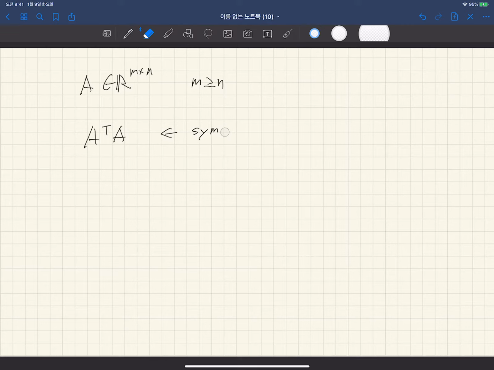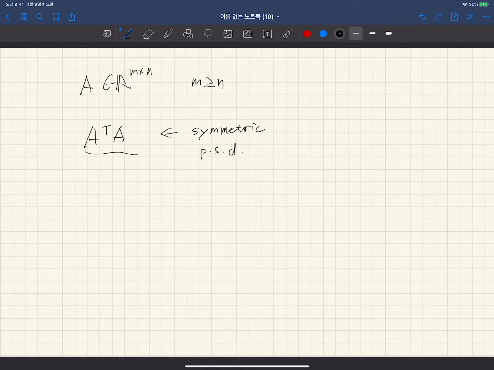But not only symmetric, it also has non-negative eigenvalues. All the eigenvalues of this matrix are non-negative, so this is called a positive semi-definite matrix.